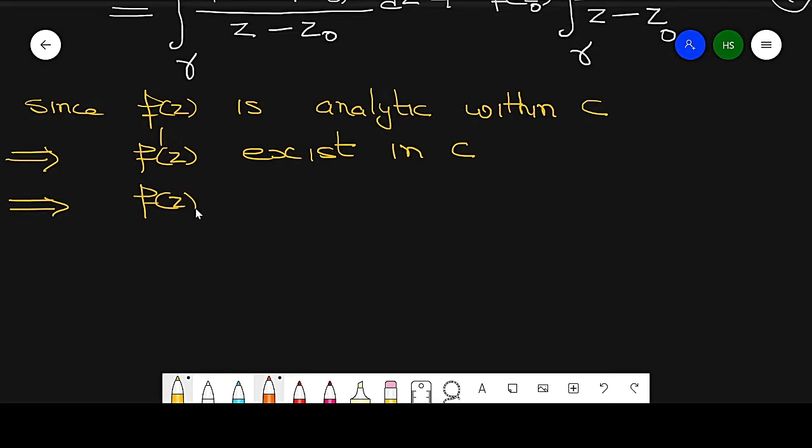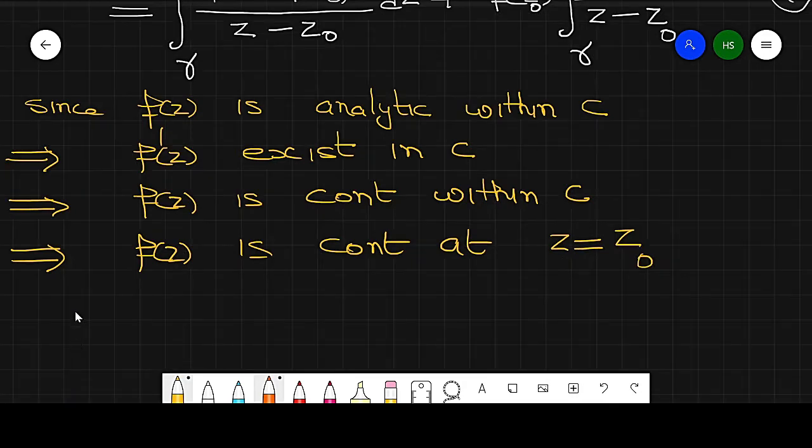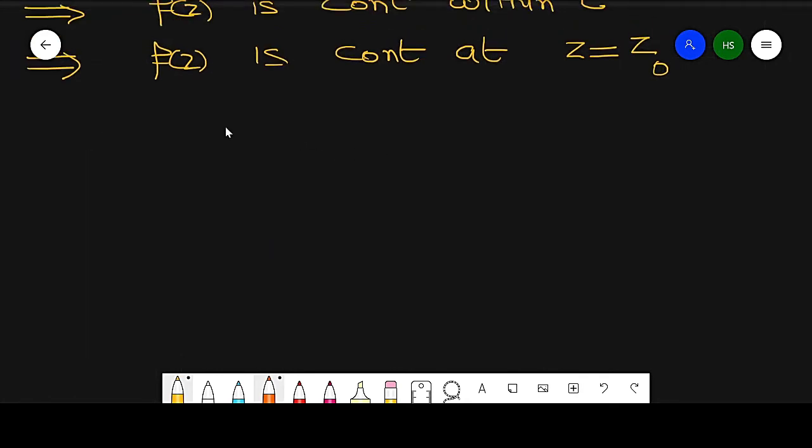So f(z) is continuous within C, and it implies f(z) is continuous at the point z equal to z0. Here we use that differentiability implies continuity, so this function is continuous at this point.